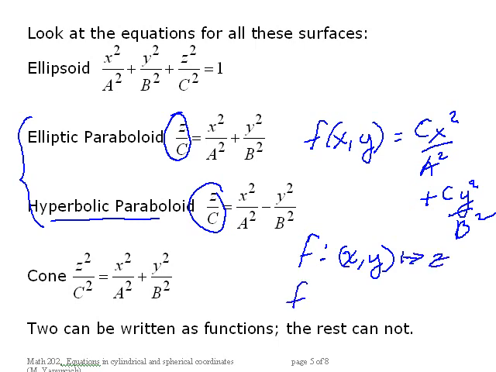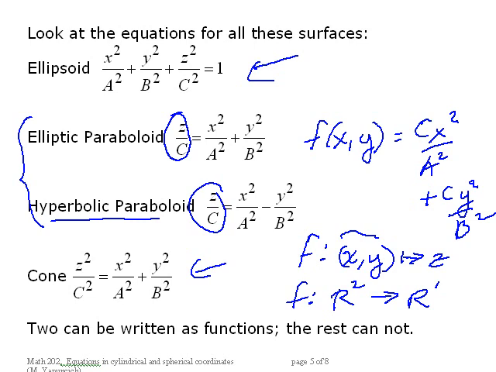So in general, this f is mapping R2, see two variables here, into a single variable R1. If you looked at the graphs, you could see why those would be functions, whereas the others would not. But that's why these get identified and broken out as functions, and then you don't see the equation for the ellipsoid and the cone and the others.